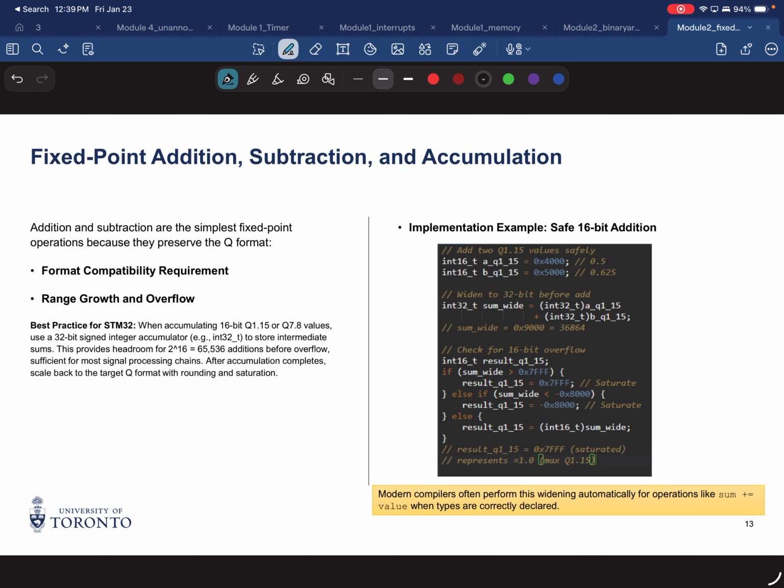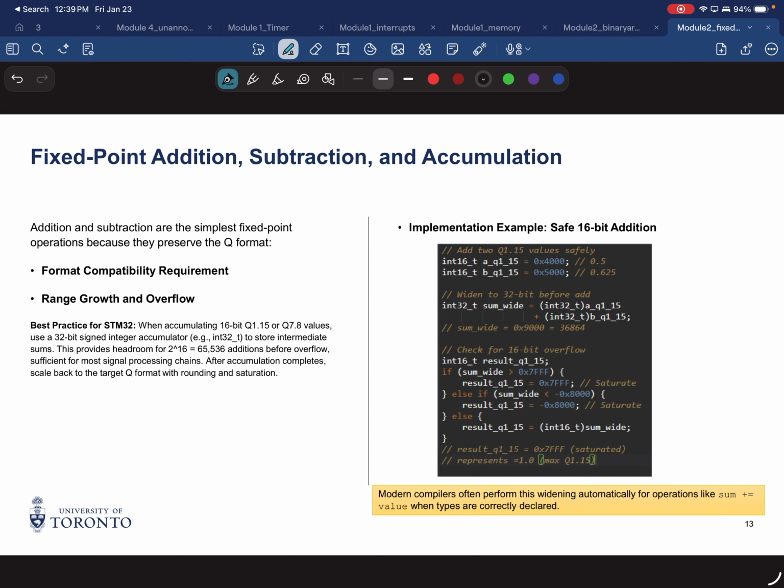So for example here, when we are doing addition, subtraction, or accumulation, usually what we do in order to remove the risk of overflow is that we have a middle step here.